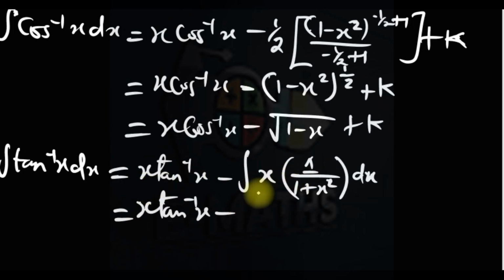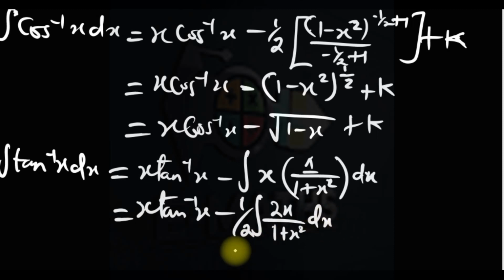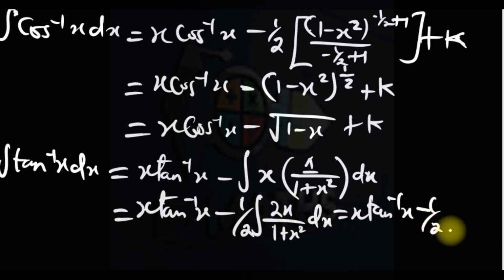So I'm saying that this is now the integral of half times 2x over 1 plus x squared dx, which is now equal to x arc tan of x minus half ln of 1 plus x squared plus k, because if I differentiate this, I have the ln of 1 plus x squared.